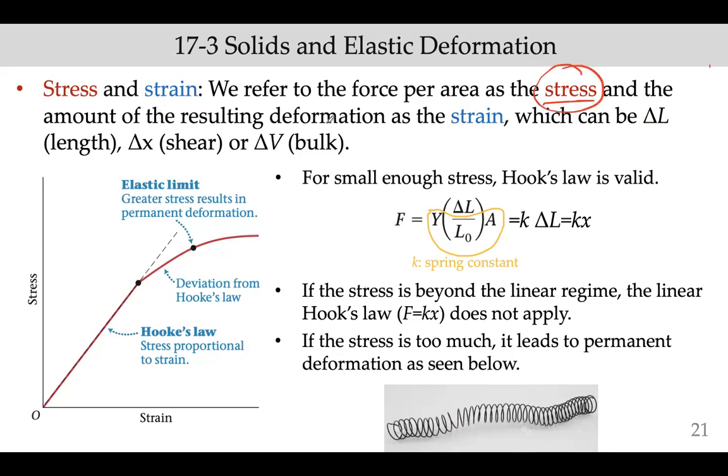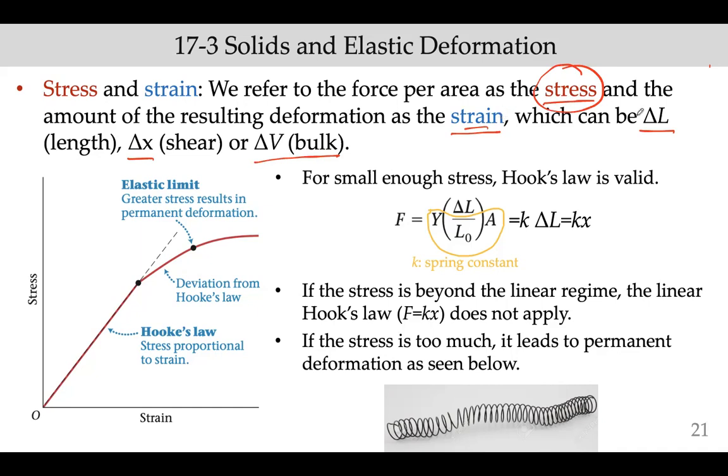And the amount of resulting deformation is the strain. The strain can be in one dimension, delta L. If there's shear, it's shown by delta X. Or if it's a bulk deformation, as we saw in the previous slide, then it's delta V. So these are the strains, or the amounts of deformation.